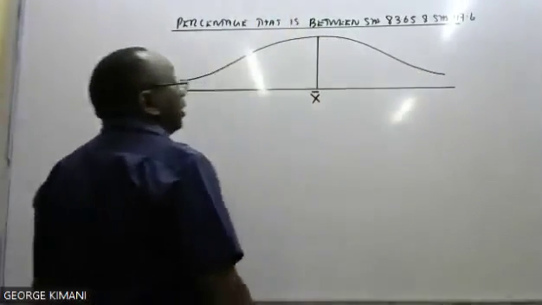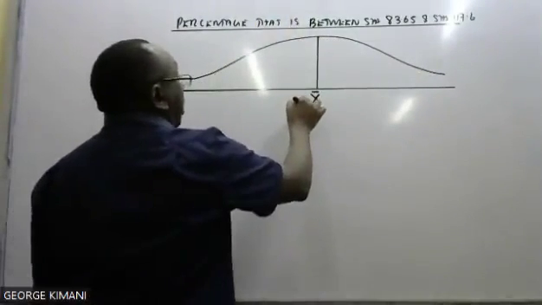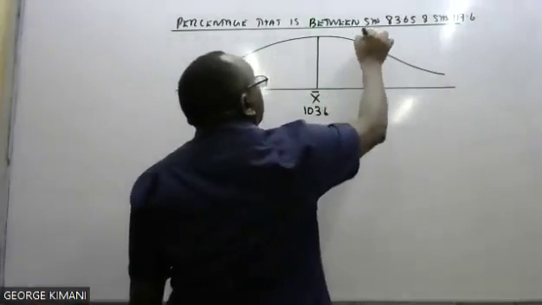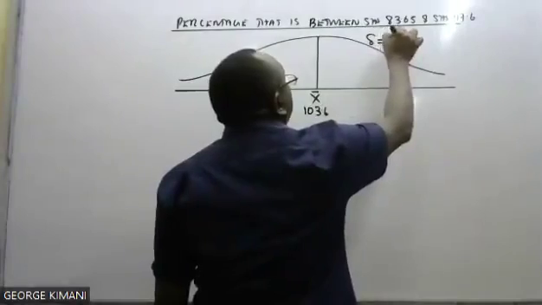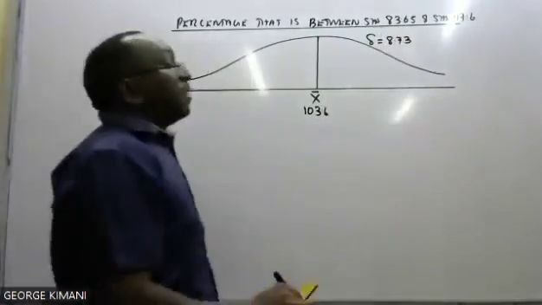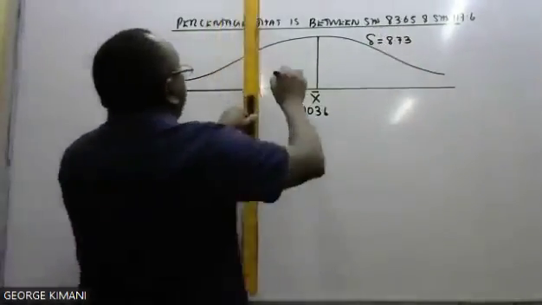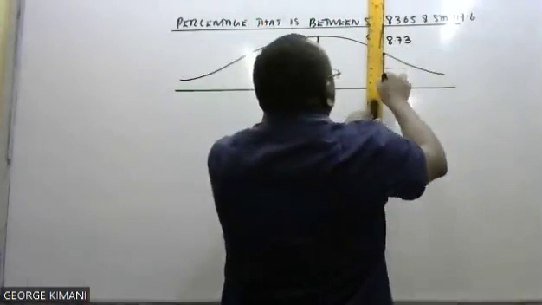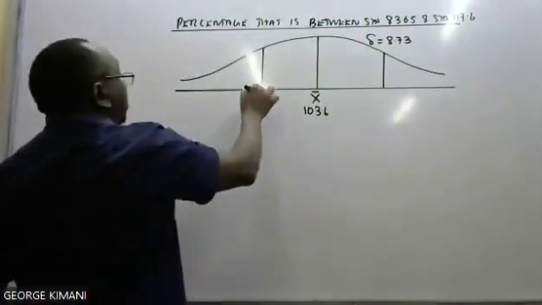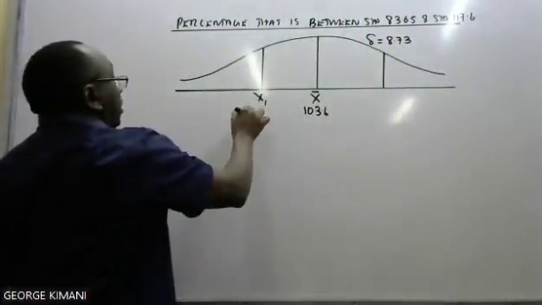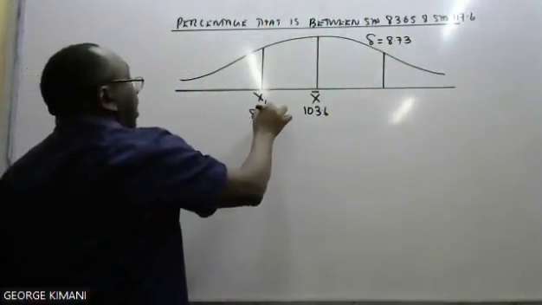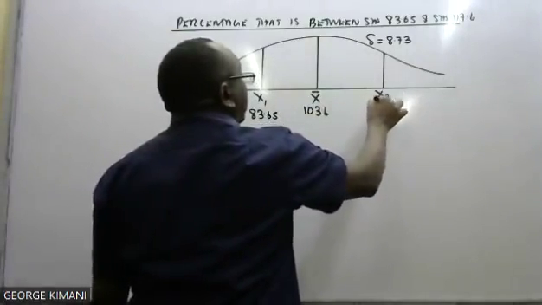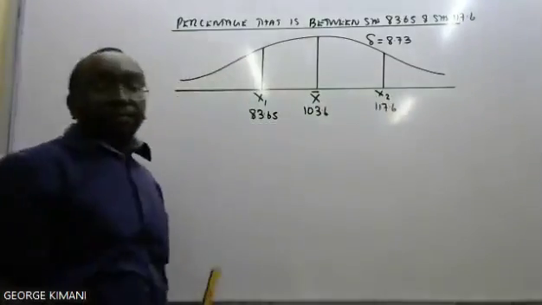X bar is 103.6. Standard deviation is 8.73. Now 83 here, we have X1 here, 83.65. X2 here is 117.6.